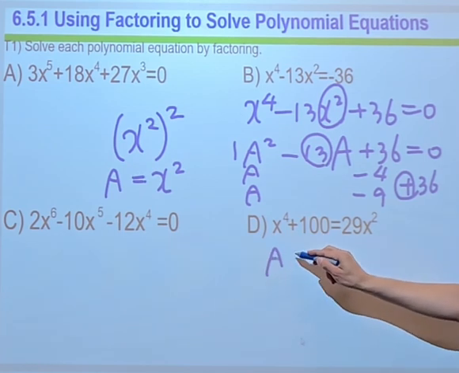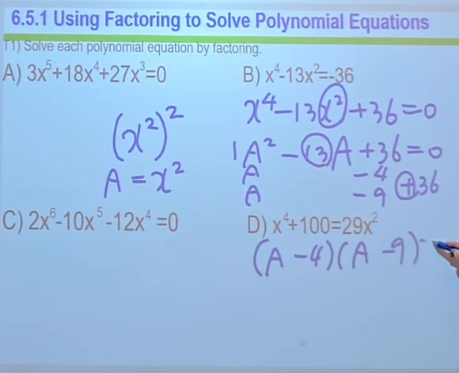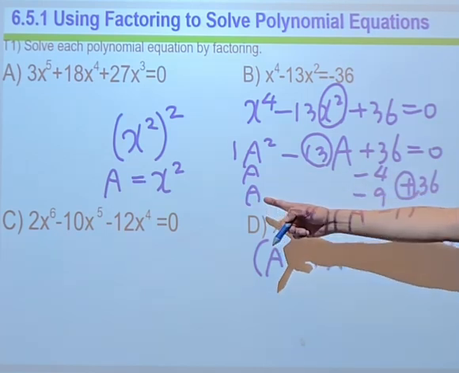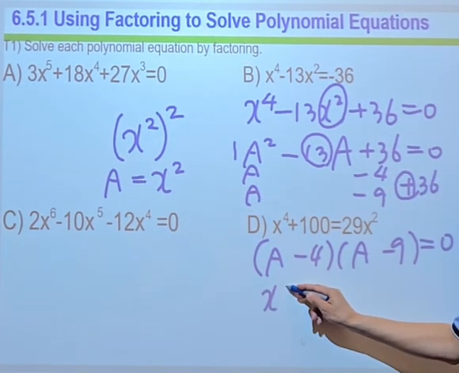So now we factor it: a minus 4 times a minus 9 equals 0. But a was originally x squared. In order to see it better, we substituted and named it a, but it was x squared.